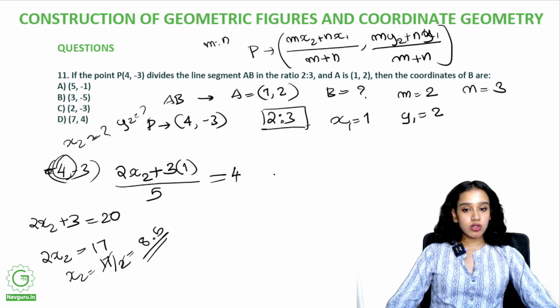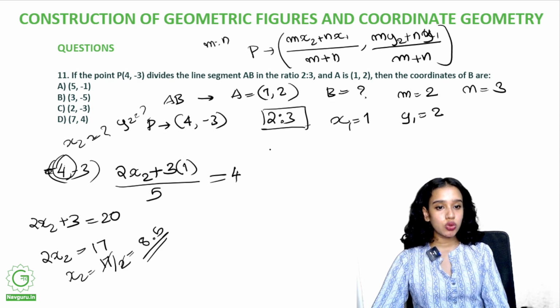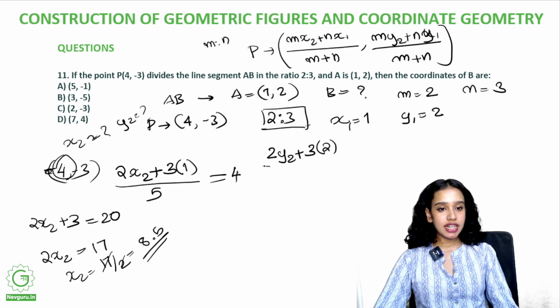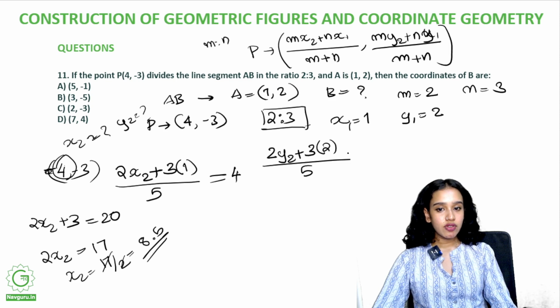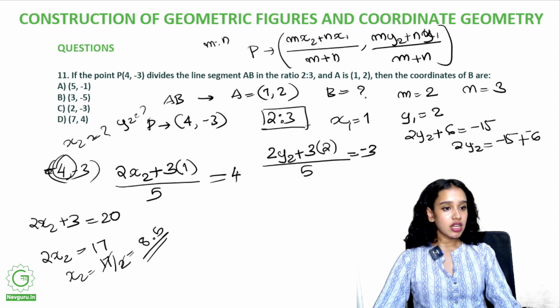And for y2, let's find out y2. So we have m is equal to 2, into y2, and 3 into y1, which is 2, divided by m plus n, which is 5, is equal to minus 3, right? So this becomes 2y2 plus 6 is equal to minus 15. Now, 2y2 would be equal to minus 15 minus 6, that will get us minus 21, right?